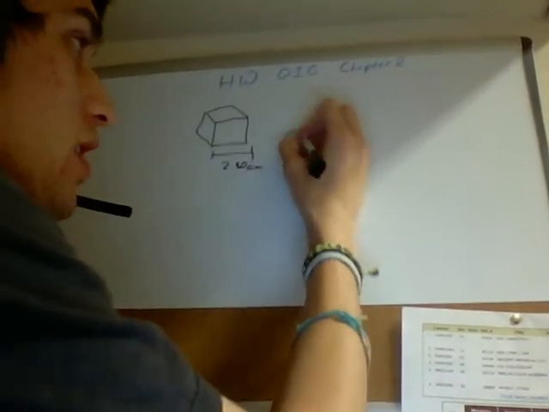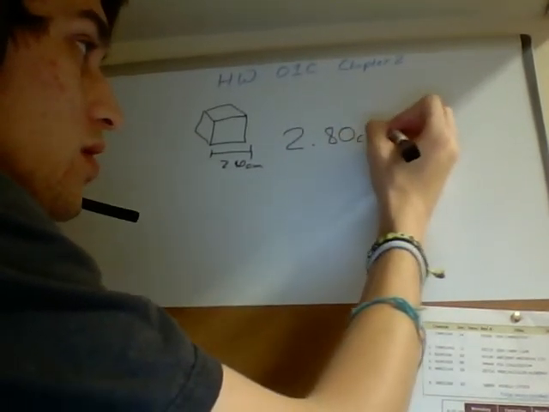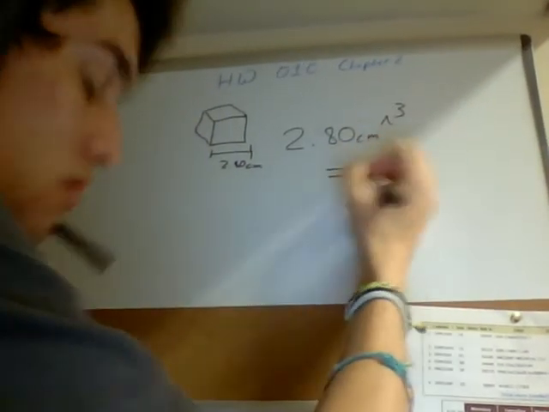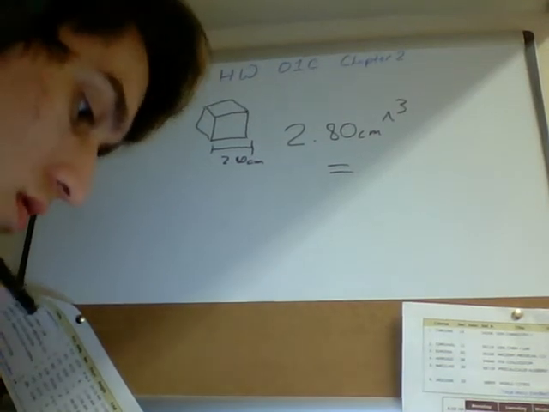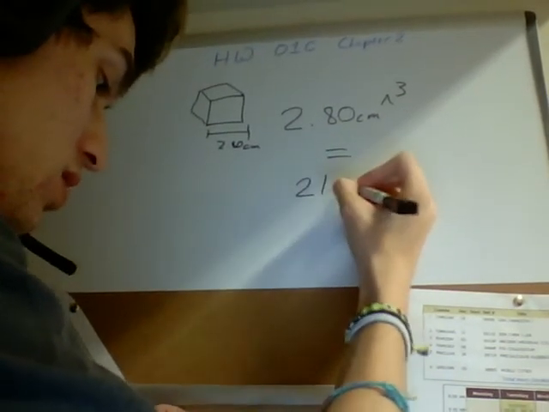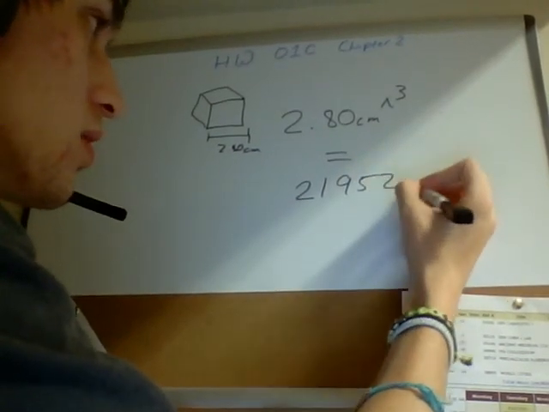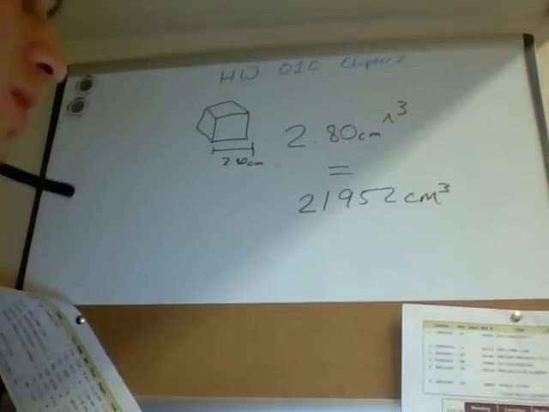So for mine, 2.8 centimeters cubed equals 21.952 centimeters cubed. Hopefully that's visible.